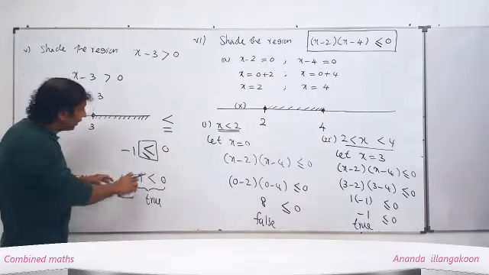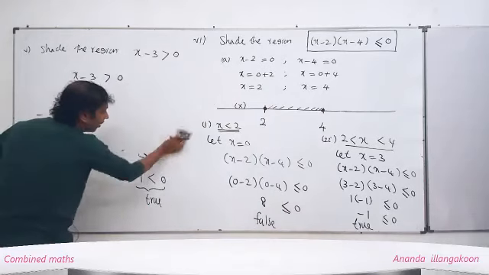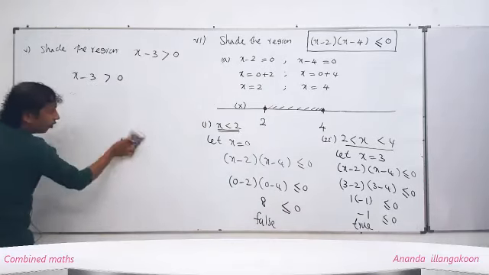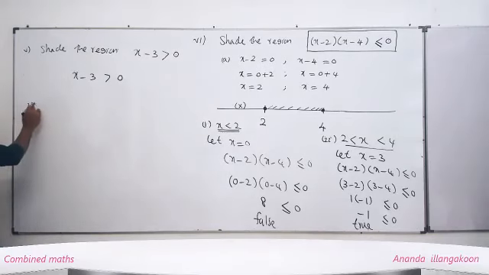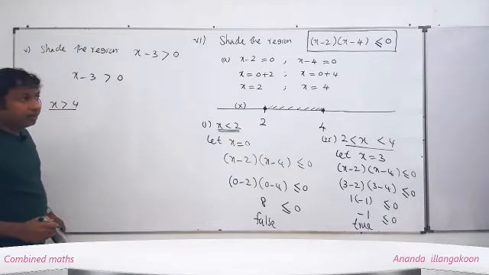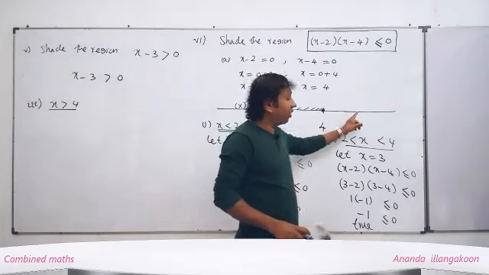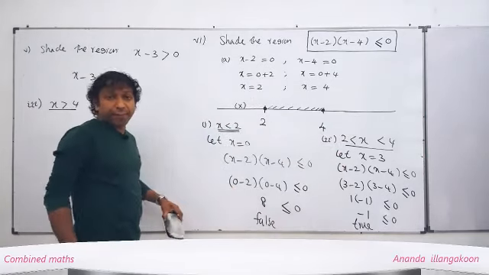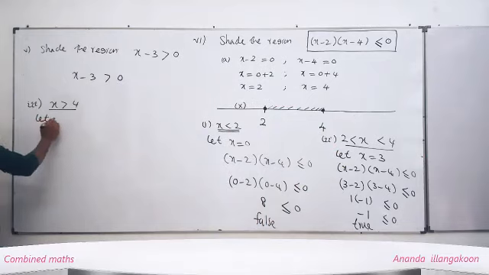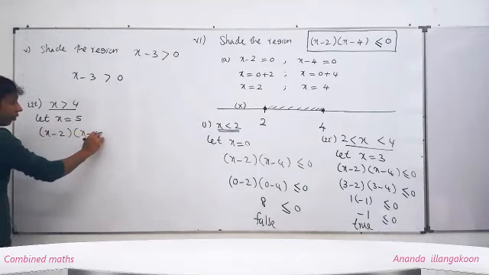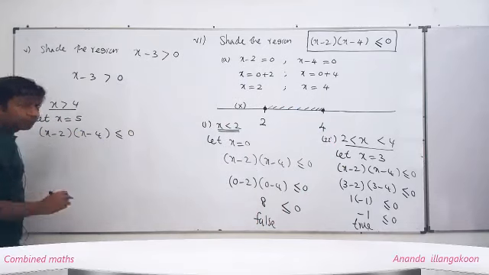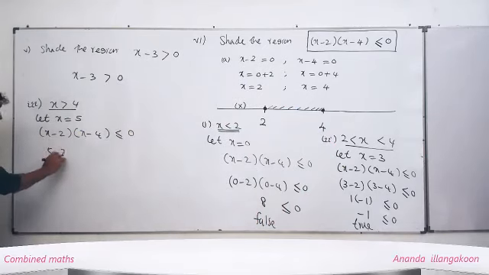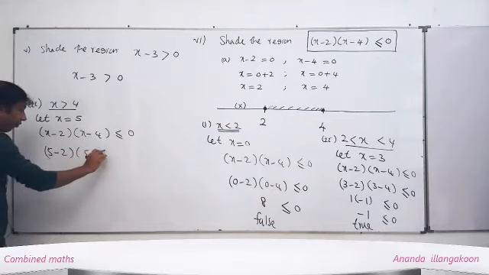Okay, as a third case, we take the third one, x greater than 4 region. Take any real number you like. Let x equals 5. Put that here: x minus 2, x minus 4. 5 minus 2, 5 minus 4.